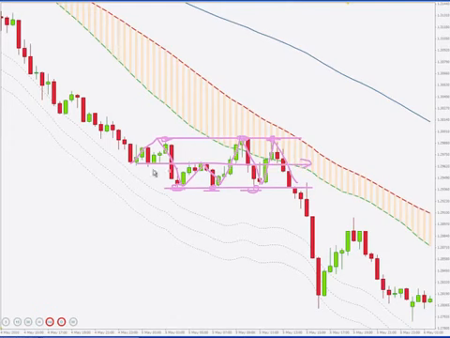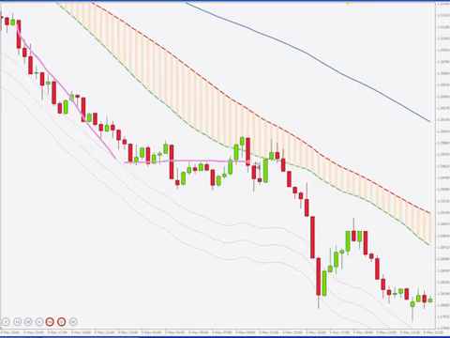Not really a V-shape bounce. We don't have a harmonic swinging pattern there. What we have is a swing, a sideways range, a breakout, a swing. Do you see that?